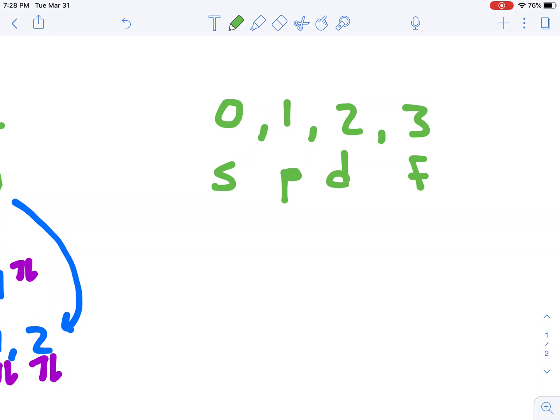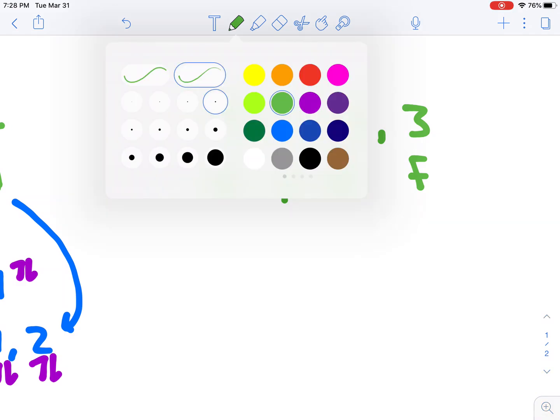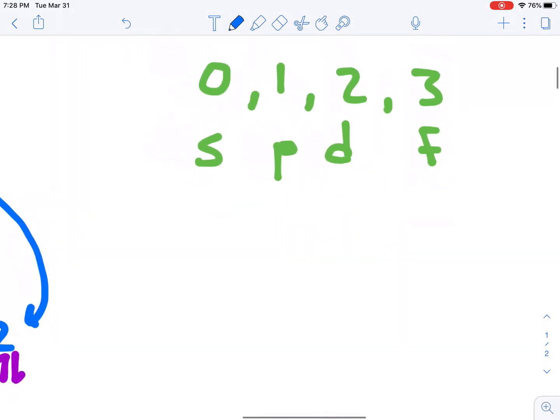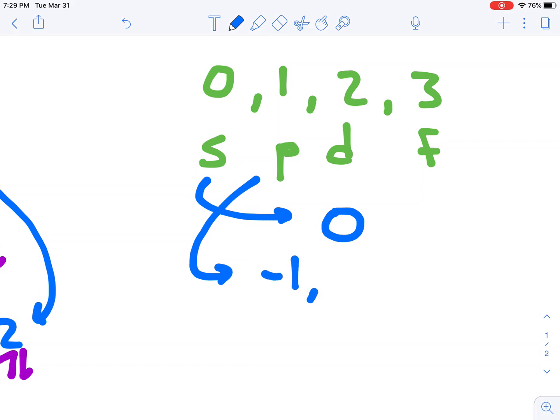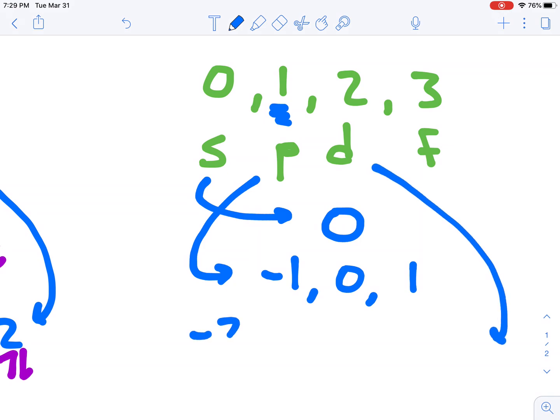Okay, now let's assign M sub L. Remember, we have a lot going on here. S is always going to be a 0 for M sub L. P can range from -1 to 0 to 1, because it's plus or minus this number. D goes to 2, so we can go from -2 through -1 through 0 all the way up to 1 and 2.